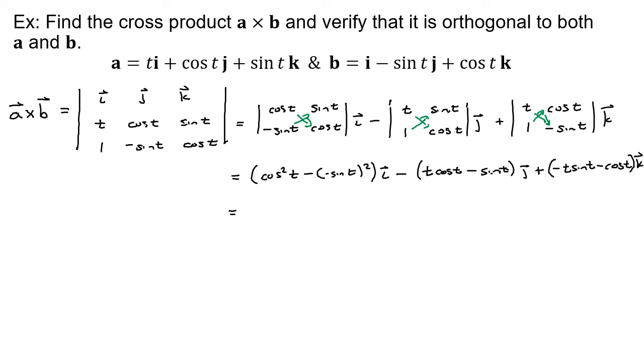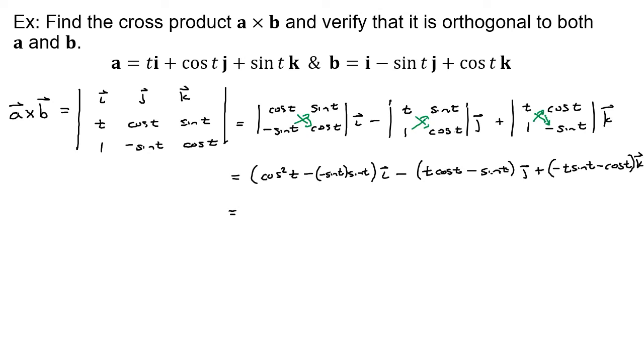So this first one, well, I kind of wrote that kind of bad, I think. It's not technically negative sine squared. Let me write it better than that. It's really negative sine times sine.